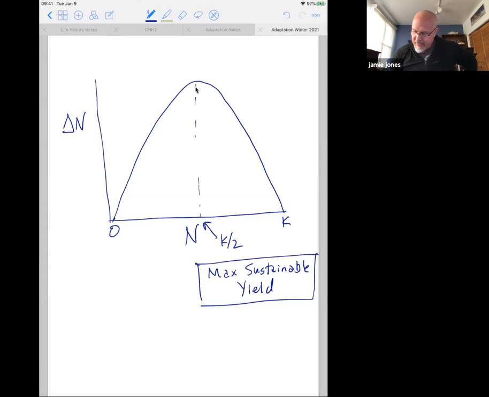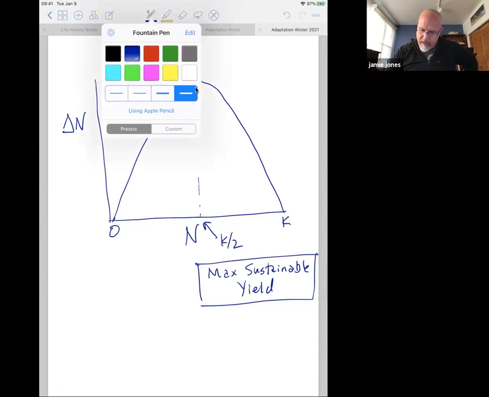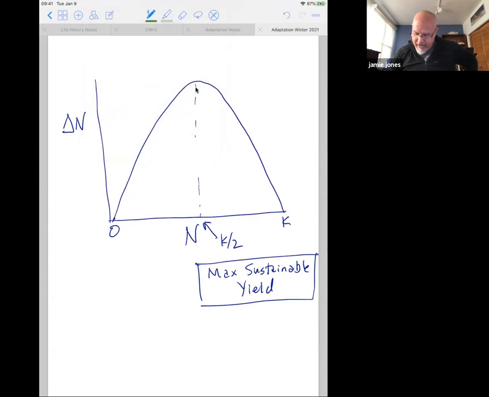Just as a last thing, let's think about this recruitment curve, right? So this is the change in population size as a function of the size. So let's look at when you're at 0, what is the change if you go up a little bit? If you're exactly 0, you can't grow because there's no one to reproduce, right? But if you get pushed just slightly above 0, well, you're going to increase in population size.